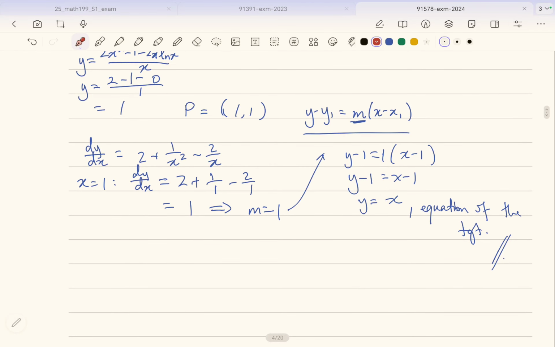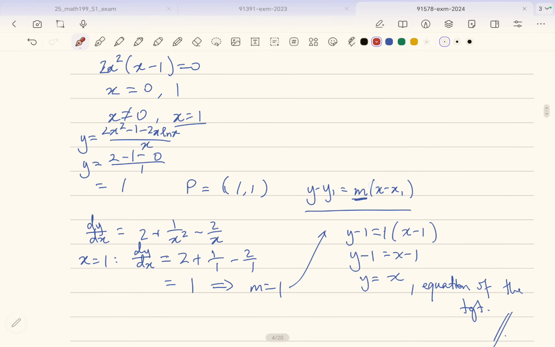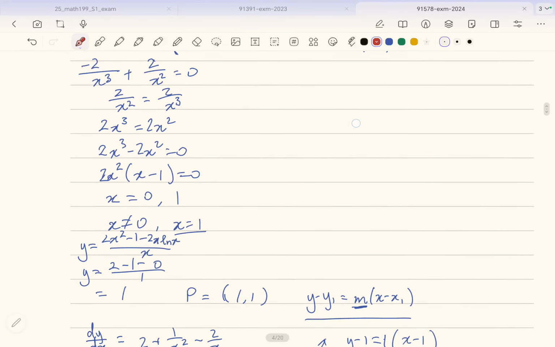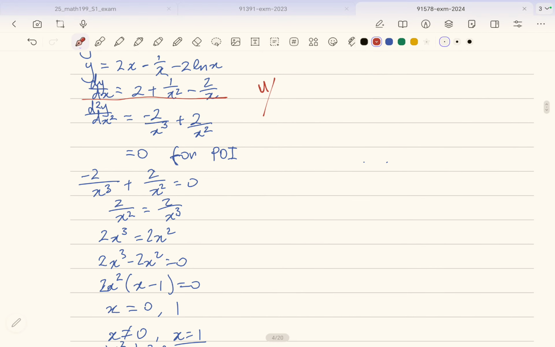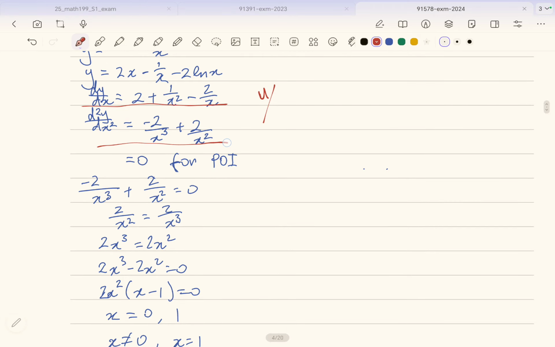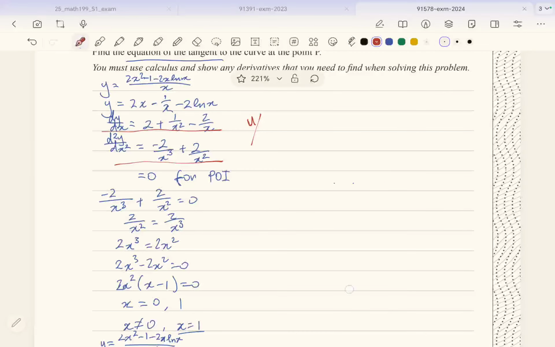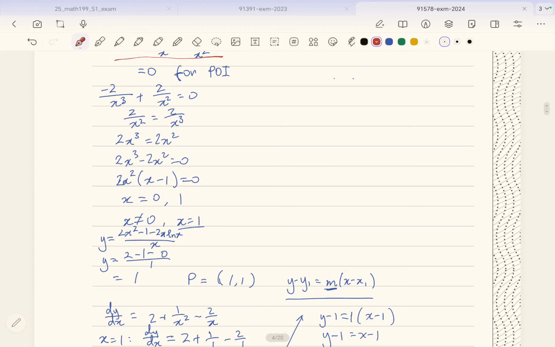For merit, you need to find x equals 1 with correct first and second derivative. You need this for part of your R mark, and you need to find x equals 1, i.e. also rejecting x equals 0. Up to here would have given you a merit mark.